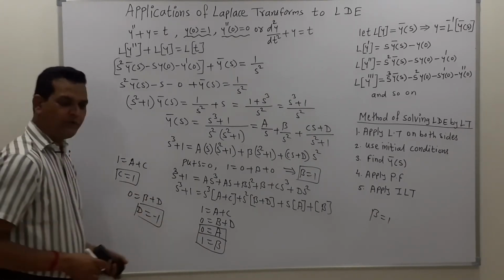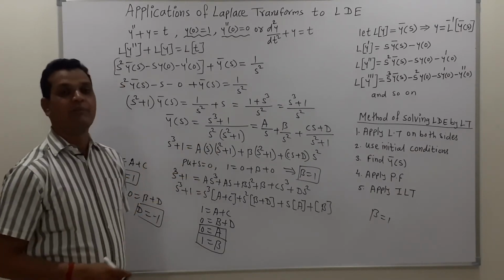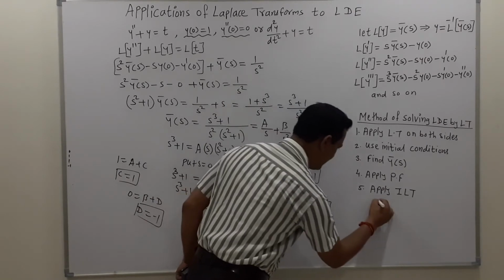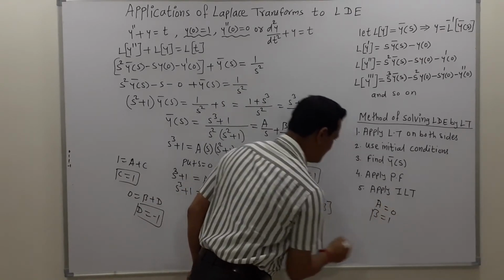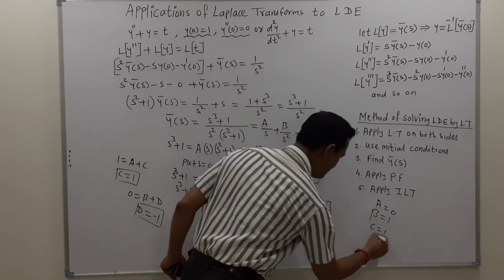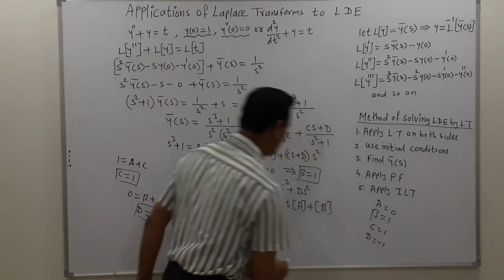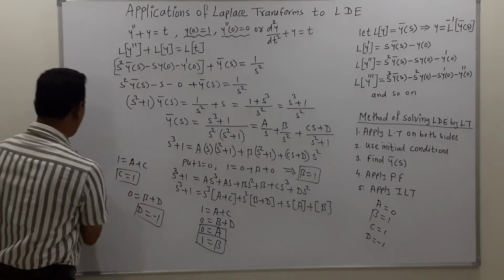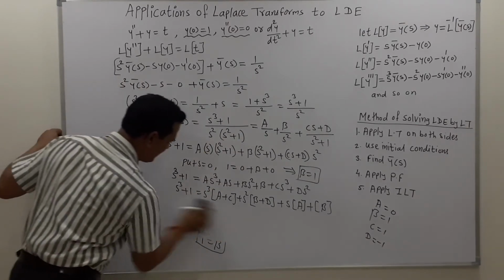In this way, we get the values of all these terms with the help of partial fractions. So the value of A is equal to 0, B is equal to 1, C is equal to 1 and D is equal to minus 1. We have obtained these values with the help of partial fractions.